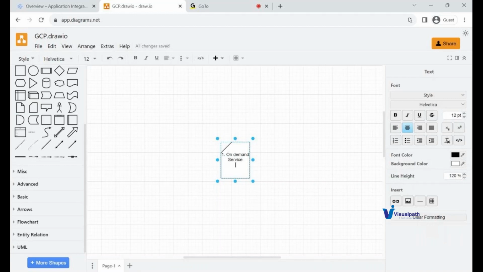I hear someone has a Unix background, so he can relate. In those situations, if you are mostly running on premise, you have to buy your servers before running any application. But what cloud has given us is, in simple words, you can rent. Instead of buying the entire thing, you can rent it out based on your requirements.